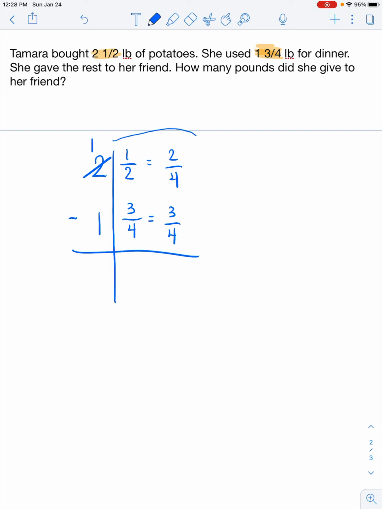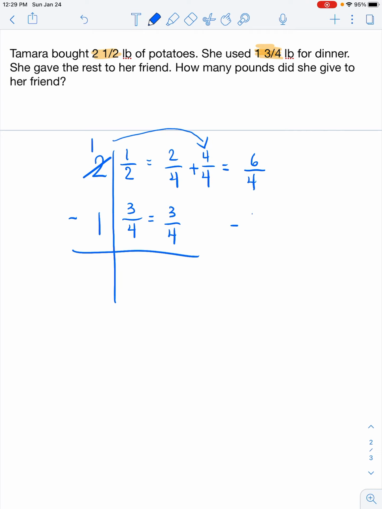And we are going to change that into fourths. And how many fourths are in that one whole? 4/4. So what we did was we took one whole, changed it to 4/4, and put it over to the fraction side. So now we're going to do 2 plus 4 is 6. So we have 6/4.